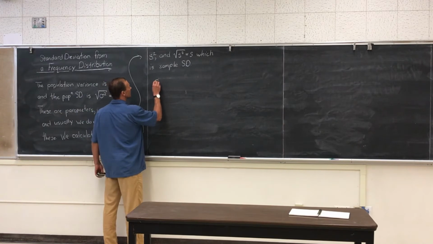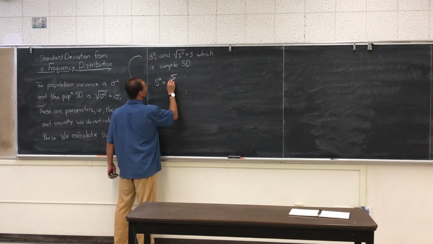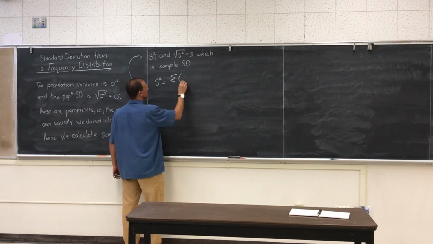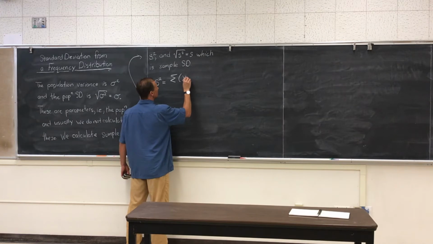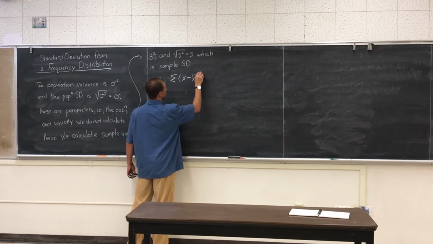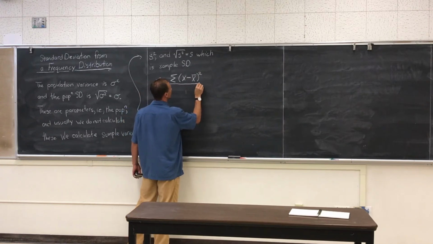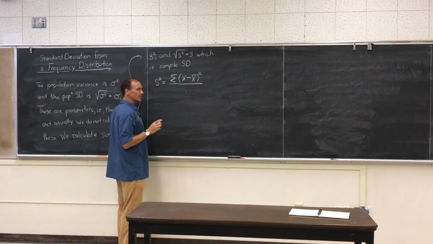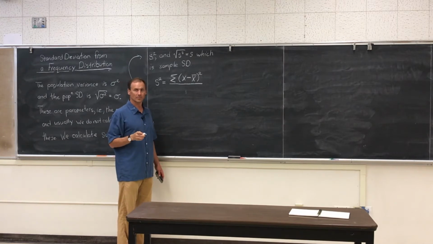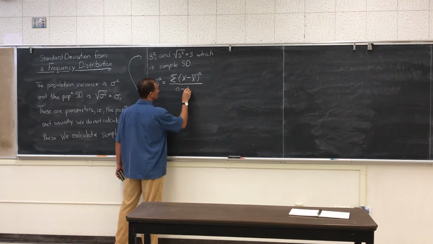We said that the variance is equal to the sum, we add all these up, the data values minus the mean. You square all those, and then we're going to divide that by, it's not just n anymore, there's a correction. We divide this instead by n minus 1.